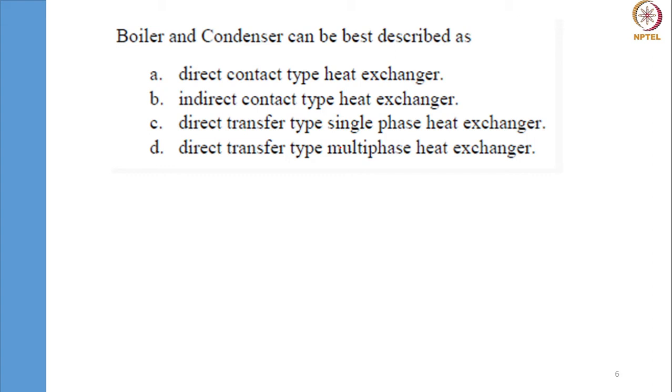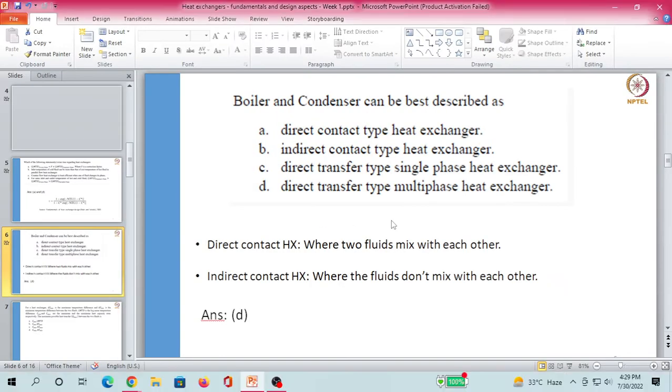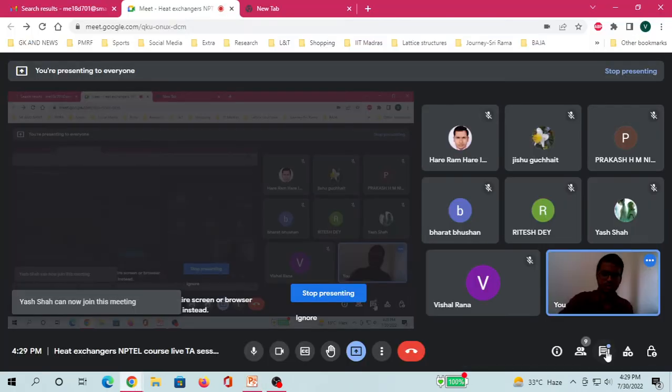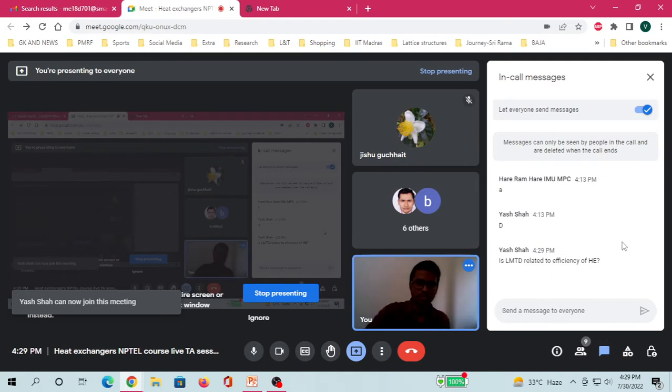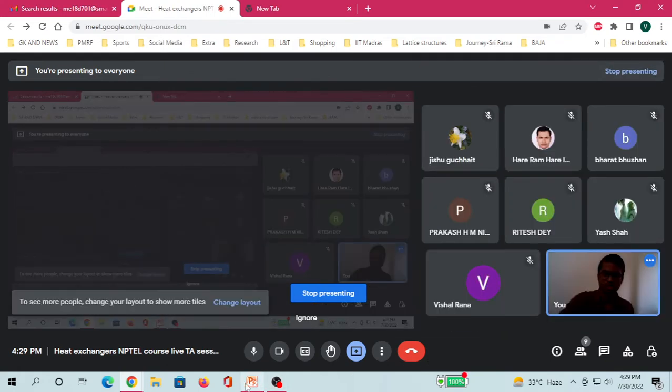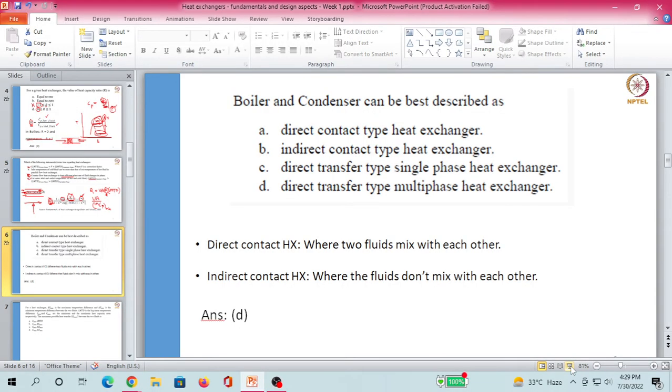So can you unmute yourself and tell me which one is boiler and condenser that fits into the classification? Any answers?